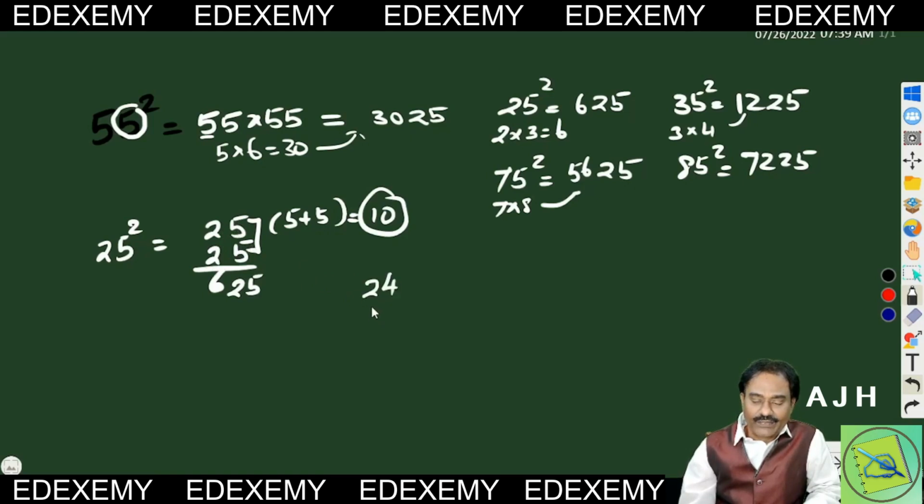Now 24 into 26. Here 6 plus 4 is 10. The sum of the unit digits equals 10. If this happens, we will check whether this trick works. This trick will very well work out for these two numbers also.